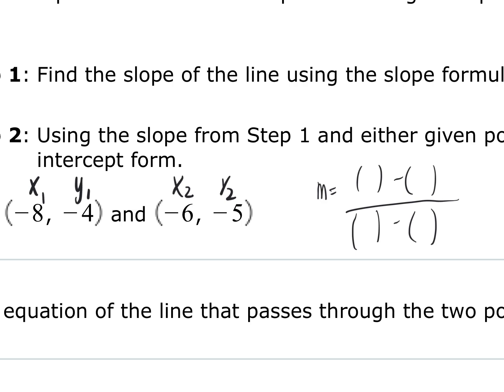So our second y value is -5. That's going to go first, and our first y value is -4. That's going to go here. And our second x value is -6. I'm going to put it right here. Our first x value is -8.